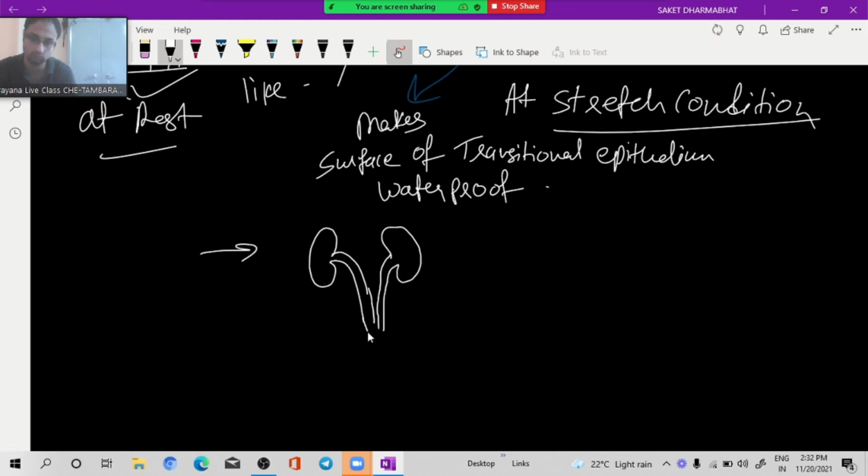This is the kidney. The cavity of the kidney. Like that, what is the cavity of the lung? The cavity of the lung is called the pulmonary cavity. Like that, the cavity of the kidney is called what? Renal pelvis.